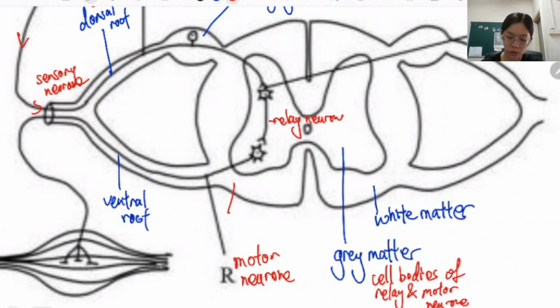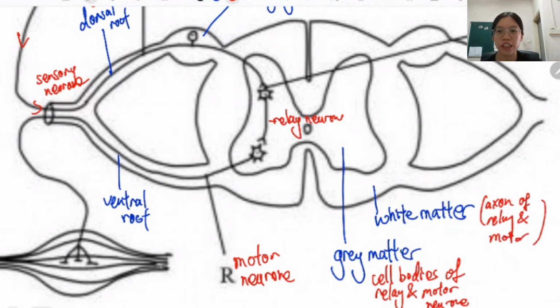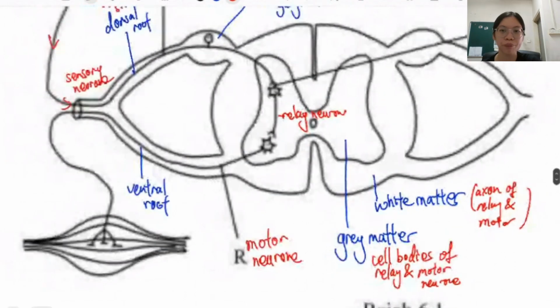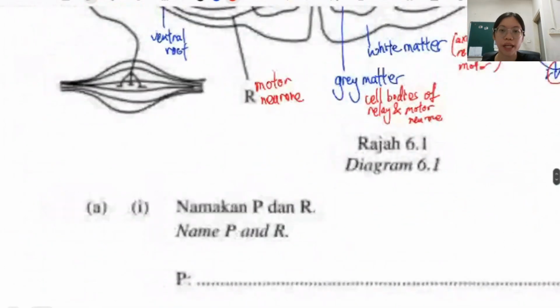White matter is the one that consists of the axons of relay and motor neurons. So why is it white in color? Because of the myelin sheath that makes it white lah. And why is it gray? Because of the cell bodies. Okay.